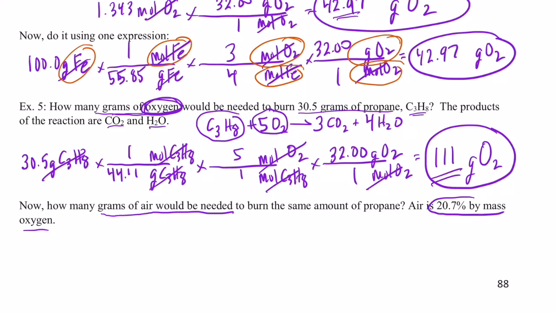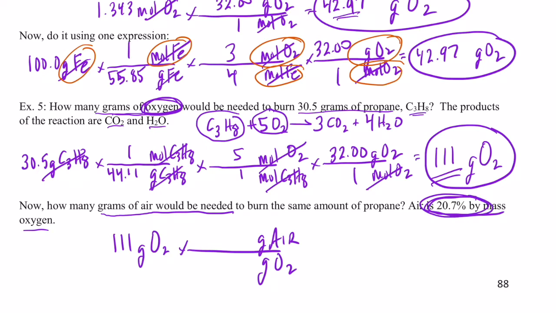Well, here's a cute little trick I'll show you. If we need 111 grams of oxygen, right? And I want to get out of grams of oxygen and into grams of air. We can use this percentage as a conversion factor. Isn't it true to say for every 20.7 grams of oxygen, there would be 100 grams of air? Yeah, 20.7 grams of oxygen, see it's 20.7% by mass, would mean that out of every 20.7 grams of oxygen, you would have 100 grams of air.